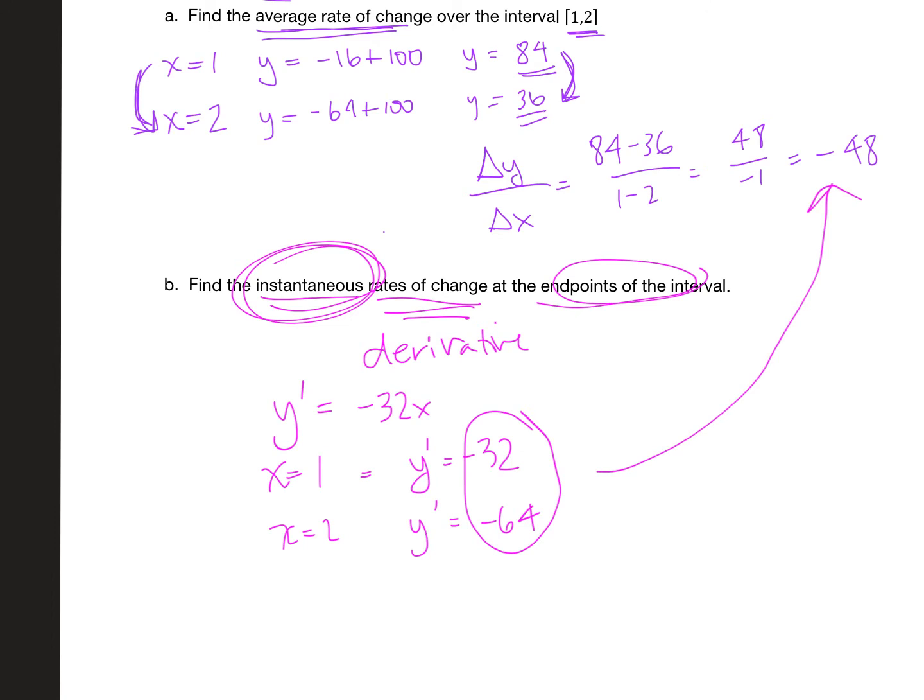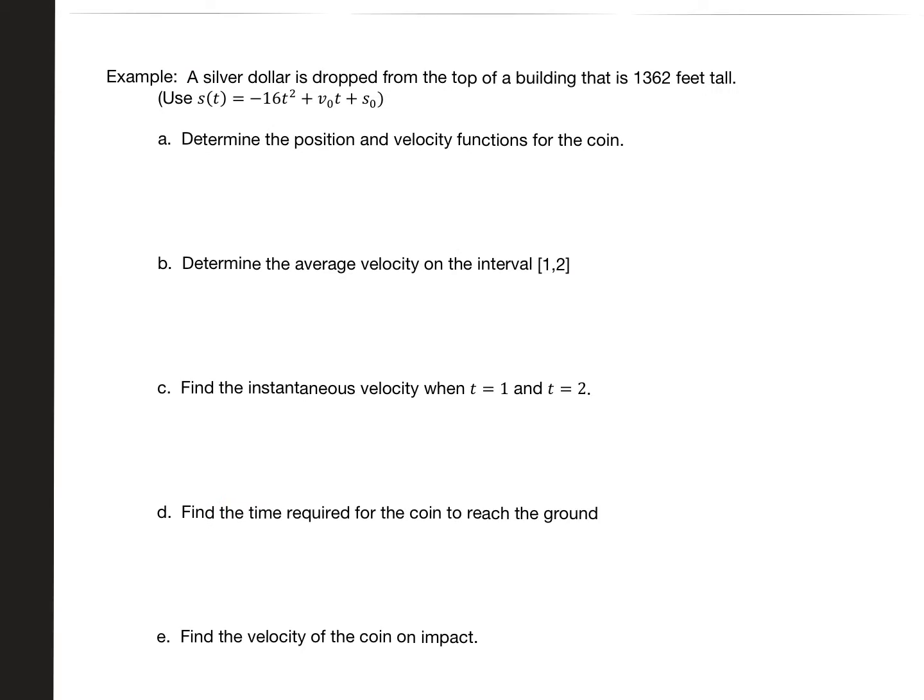So now let's take a look at the next page. As I'm looking at this next example, we've got a silver dollar. It's being dropped from the top of a building, and they give us the height of that building. And then it says that there is a function here, s sub t, and then all this other stuff. What you need to know about this particular function is that v sub 0 here is the initial velocity.